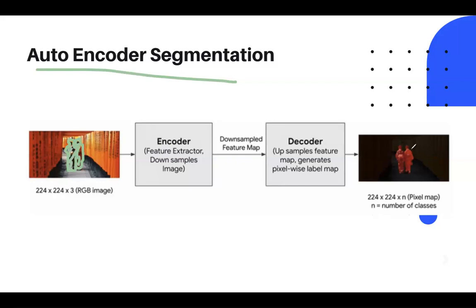Your output will be this. This is called a pixel map, or an output segmentation. This is what you're trying to predict.